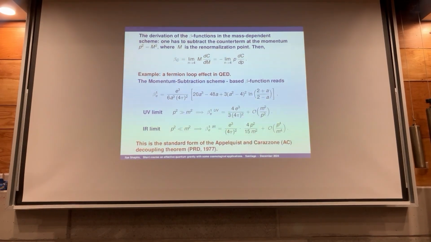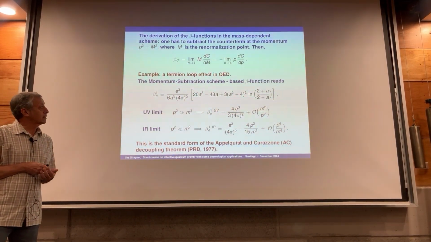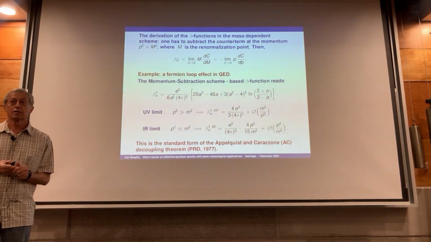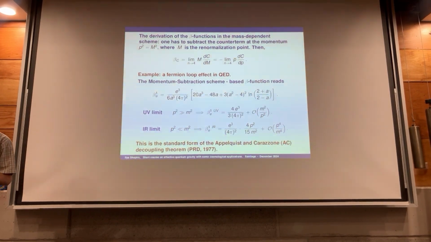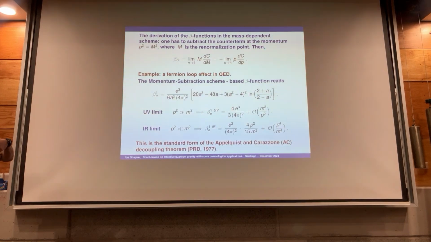Now, let me say something which is not about this talk. In principle, everything looks simple, but in some cases, we can calculate divergences, but we cannot calculate the finite part of the effective action, this form factor, or we can calculate it, but we don't know how to use it.